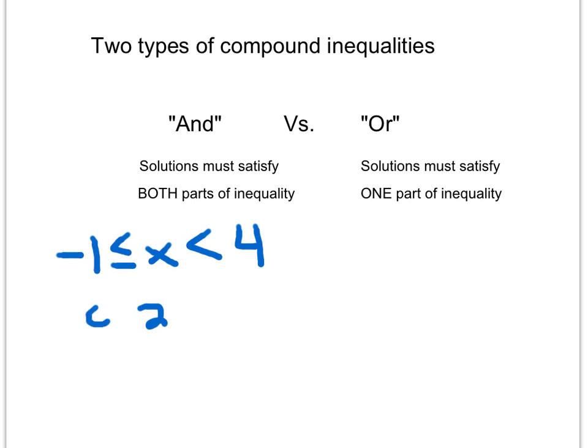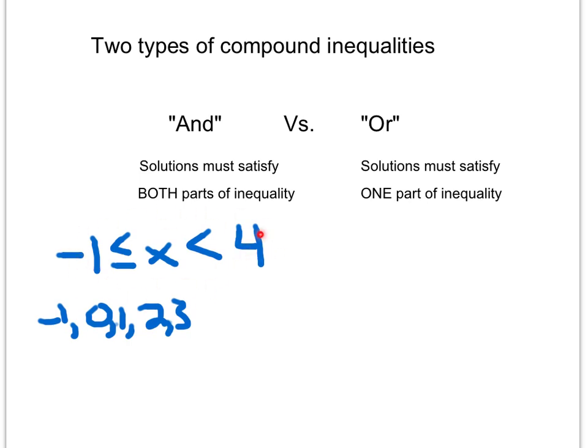Or we could have 0, or 1, or 3. -1 would also work because it says -1 is less than or equal to x. So -1 is less than or equal to -1, -1 is less than or equal to 0, and so on. But x has to be less than 4. So 4 would not work for an answer, but 3.99 would. That's what an "and" inequality looks like.